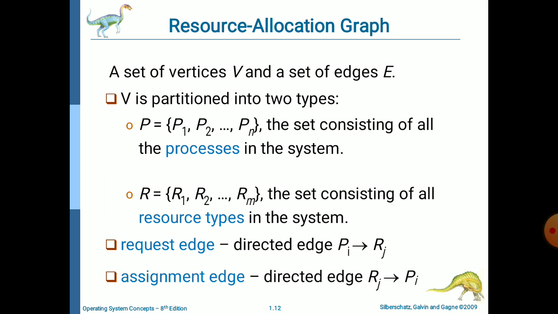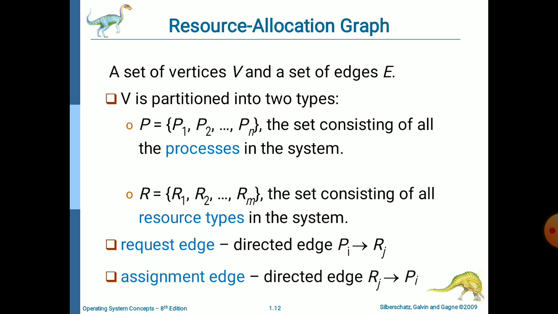To depict this kind of situation, we make use of the resource allocation graph, which consists of vertices and edges. The vertices are of two types. One is process vertices P1, P2, P3, Pn, and resource vertices R1, R2, R3, Rm. And there are two types of edges. One is a request edge and the other is an assignment edge.